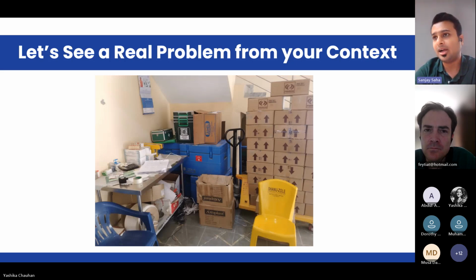If you want to send that in advance to us, we can show ourselves, or otherwise you can show that fishbone on screen and talk about your problem analysis next week. And then we will also go to identifying solutions of the problems, I think from next week onwards. Because in these two workshops that we did, we have not talked about solutions. We have just stopped at analysis of a problem, because it's a step-by-step process.